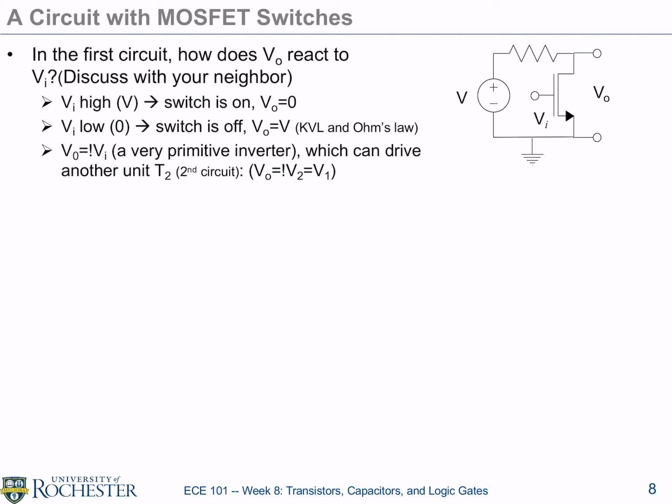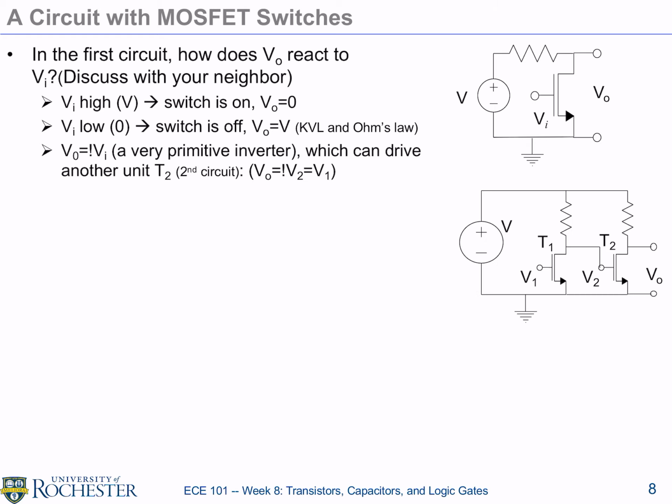What about using this inverter to drive another one? Like that. If one of them forms an inverter, wouldn't the second one be another inverter? Two inverters chained together logically would dictate that the output VO is the same as the first input.